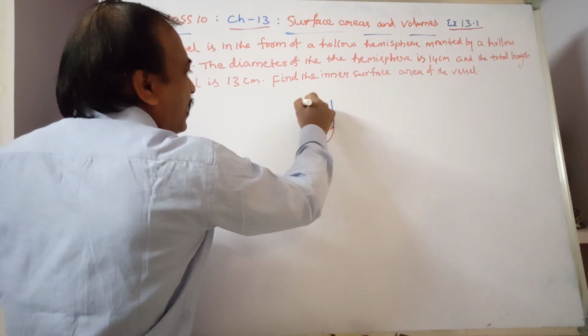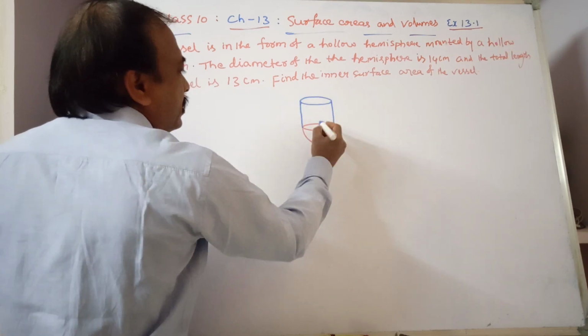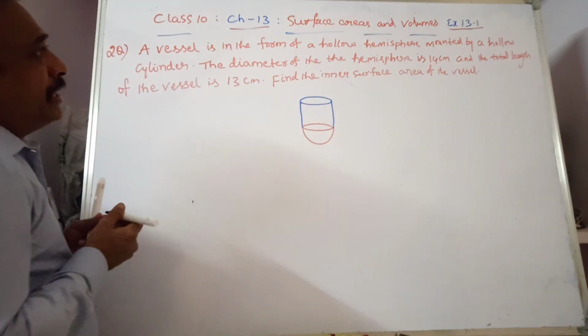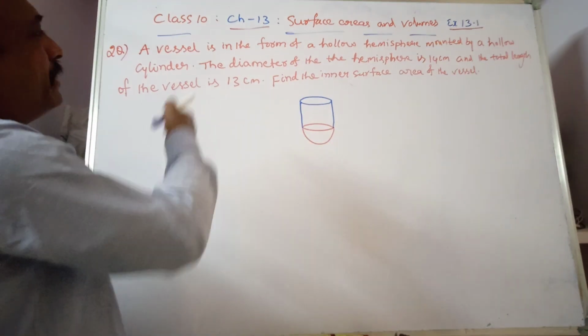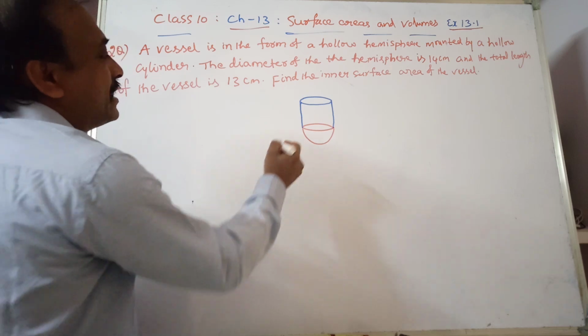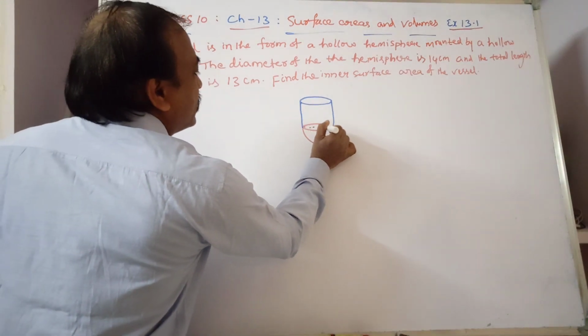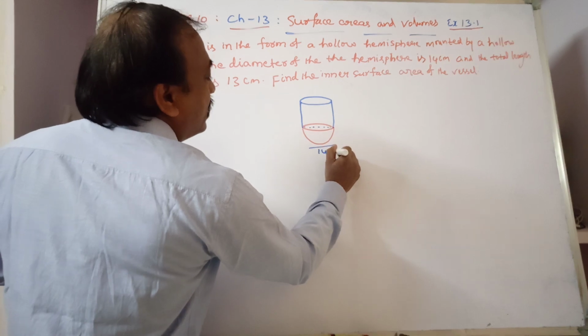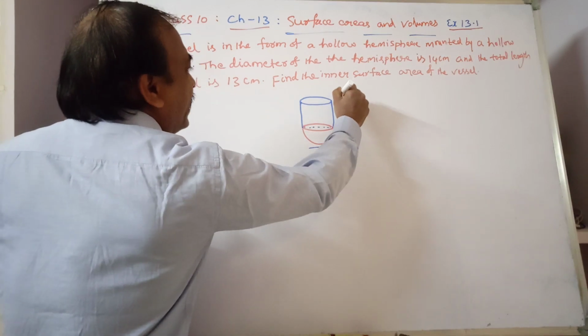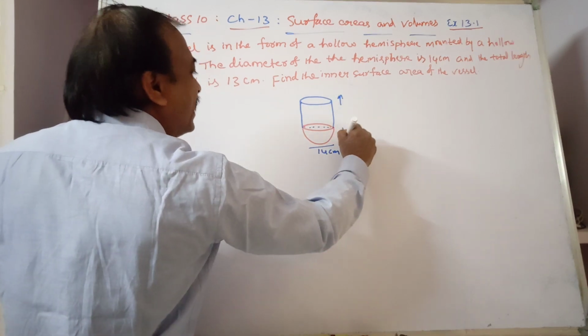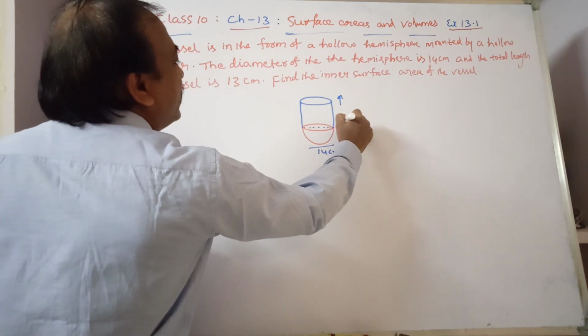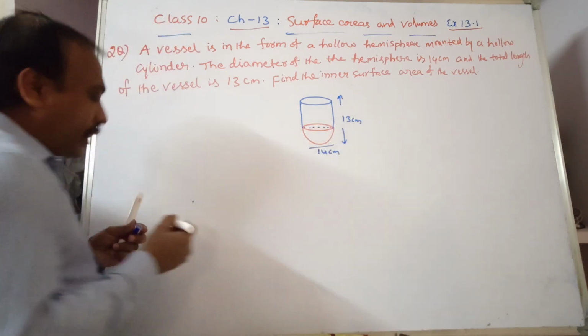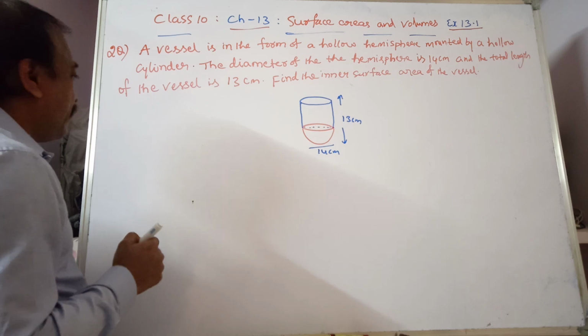The diameter of the hemisphere, this total, is given as 14 centimeter. And the total height of the vessel is given as 13 centimeter. Now you need to identify what is given in the figure.